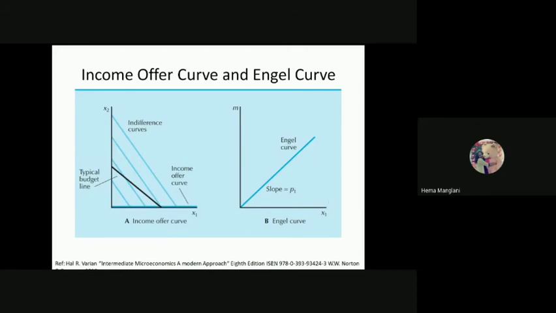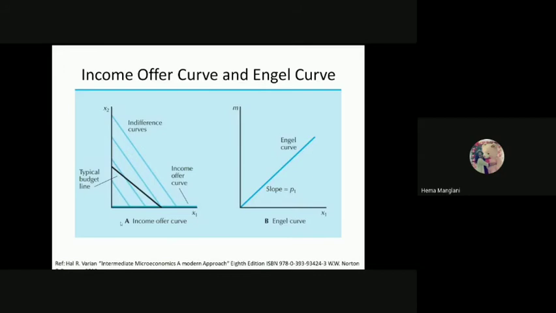Okay, so this definition would remain the same. So that is why your Engel curve is upward sloping. But because this is a perfect substitute and an exceptional case, this is concise to this particular X axis or Y axis. Is that clear?